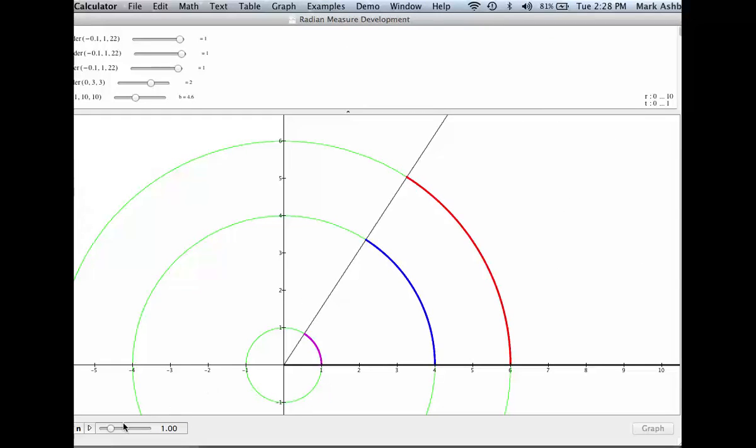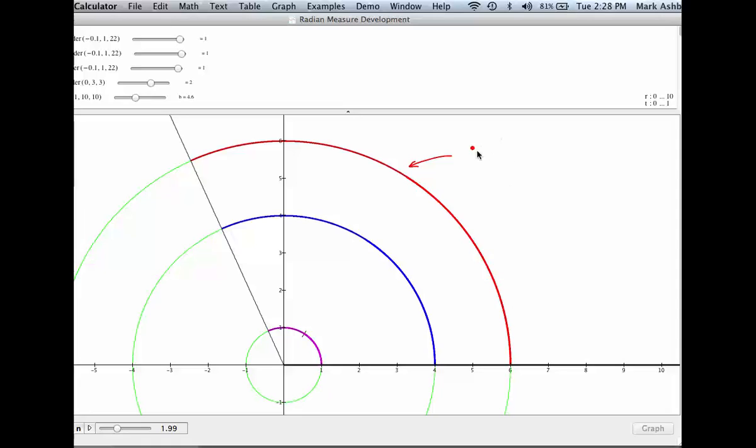Okay, here I'm showing an angle that cuts off 2 radius lengths. So this red arc is 2 radius lengths from its circle.